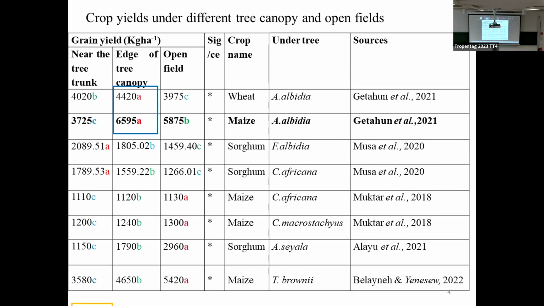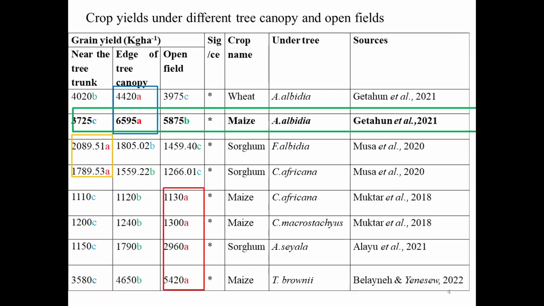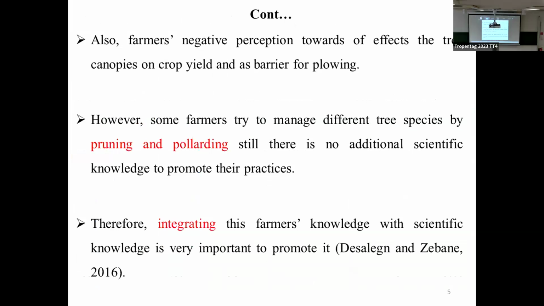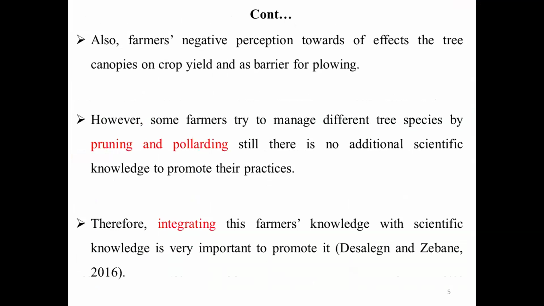In the third, the highest yield is found near the tree trunk. The other studies found the highest yield outside the canopy. Those are the evidences: the highest yield is received in the open field due to the canopy effects.